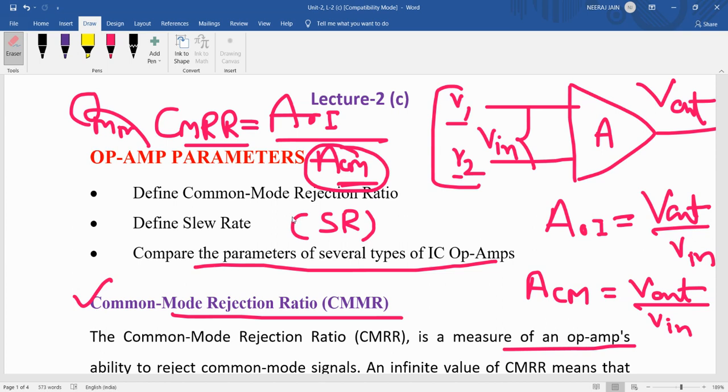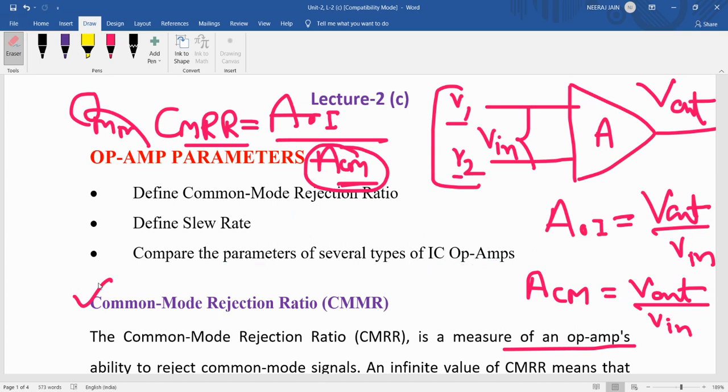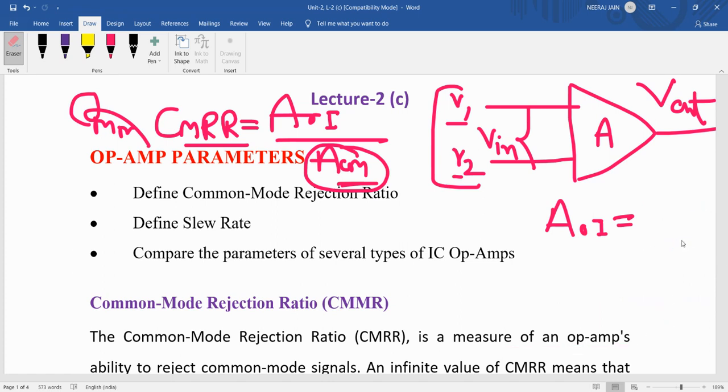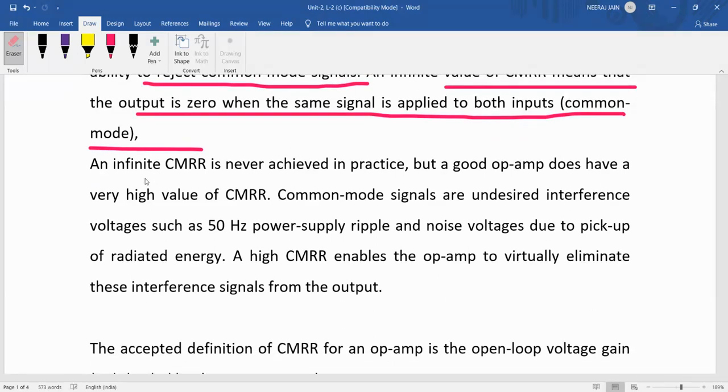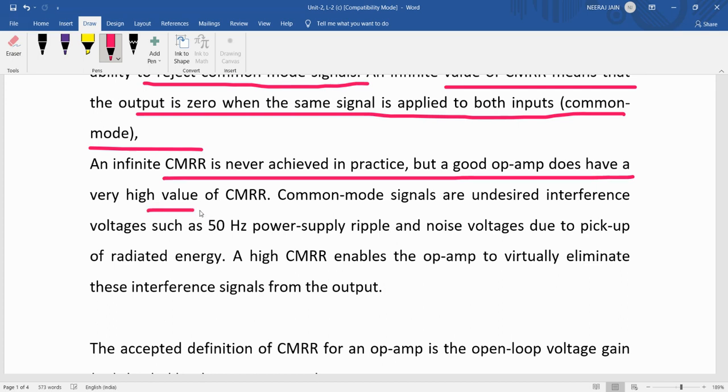So that is written here, that CMRR is the value that shows the rejection of the common mode gain if there is the same input at both the input terminals. Infinite CMRR is never achieved in practice, but a good op-amp has a very high value of CMRR.